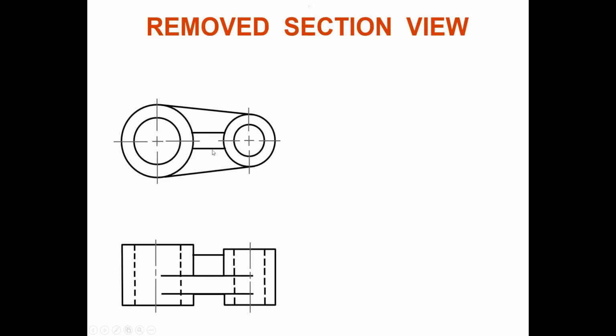Because in the middle is a T shape, that's why when you do drawing, we need to show cutting. If I make full section, it doesn't help. So you must ask me, sir, if I have this component, what type of sectioning should I do?